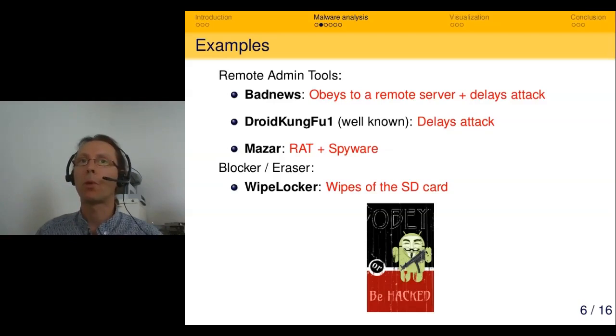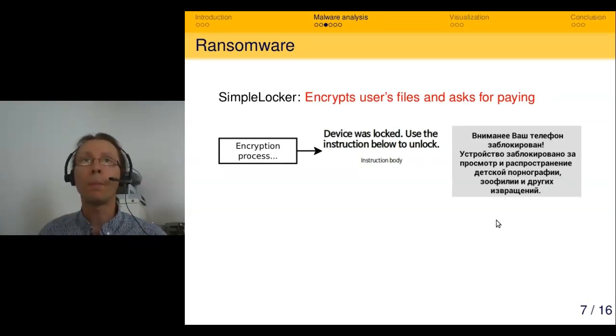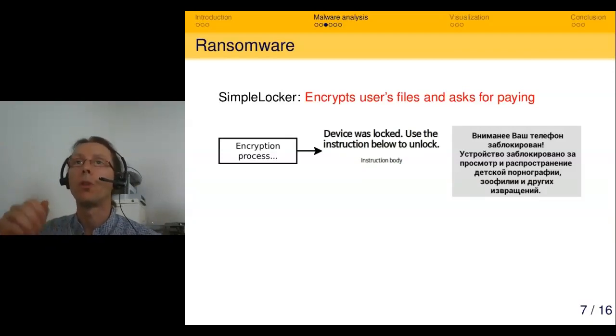Another example is Wipe Blocker. Wipe Blocker erases all the data of your smartphone. Another example you may know is Simple Locker. It's a well-known ransomware, so you know what a ransomware is. It encrypts your data, and at the end you get this kind of screen with a message that says, okay, you have to pay to get back your data.